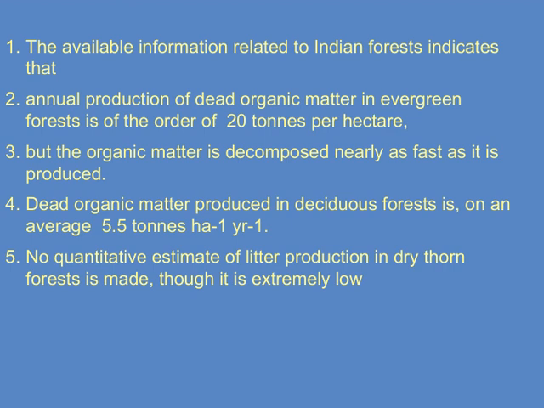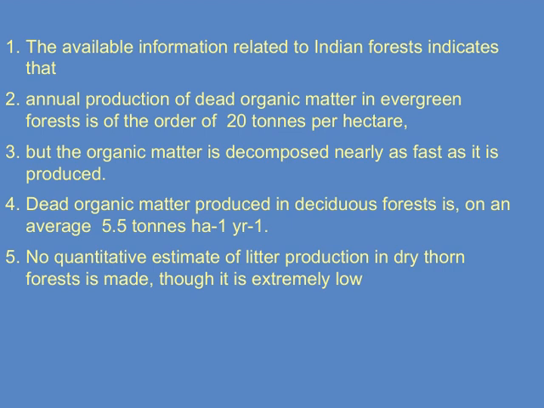Moving on to deciduous forests, the dead organic matter produced is, on average, around 5.5 tons per hectare per year. So, it's significantly less than in evergreen forests, which makes sense given the different vegetation and climate conditions. As for dry thorn forests, we don't have precise estimates for litter production, but we do know that it's extremely low.